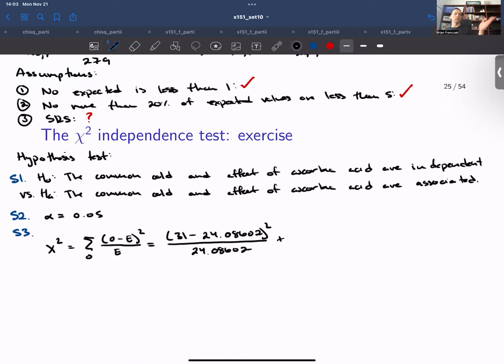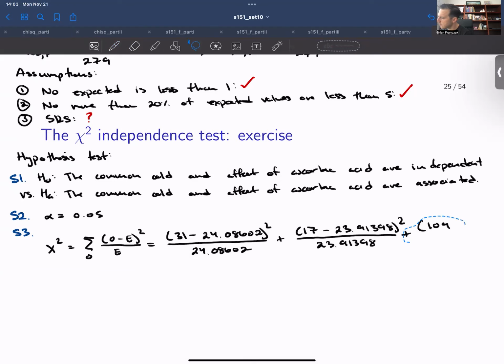So our second one, we'll just move across the table, is going to be 17 minus 23.91398 squared divided by 23.91398. And then our third expected value will be 109.